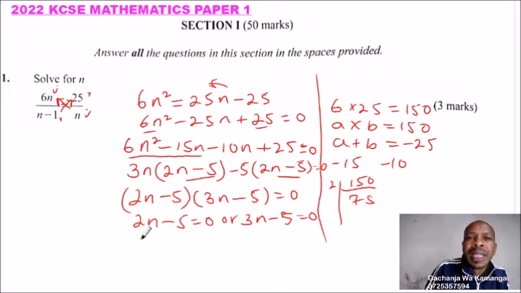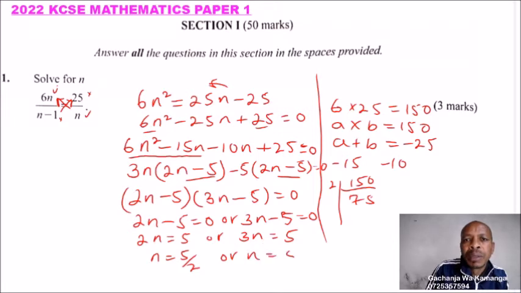So we say 2n is equal to 5, or 3n is equal to 5. We take 5 to the other side. n is equal to 5 over 2, or n is equal to 5 over 3. So n is equal to 2.5, or 1 2/3.